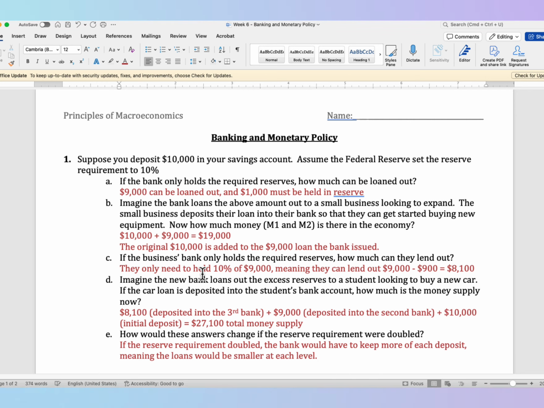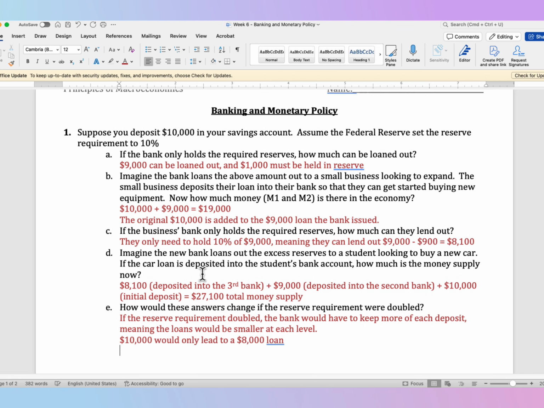Well, the first $10,000 would only lead to a $10,000 times 0.2, a $2,000 reserve, which would only leave an $8,000 loan.